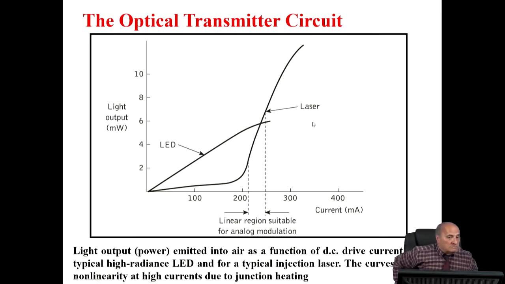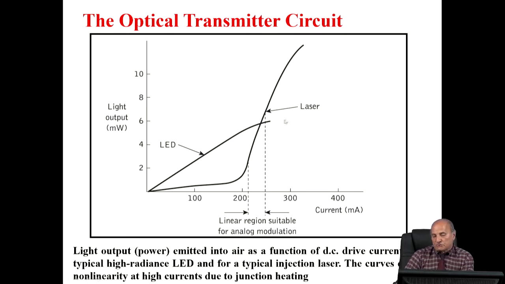In analog intensity modulation, we must use the linear part of the current power characteristic of the optical devices. We usually use a light emitting diode for low bit rate and low distance transmission, and a laser source for high bit rate and long distance transmission. Please look. The power current characteristic of the light emitting diode is almost linear without a threshold.